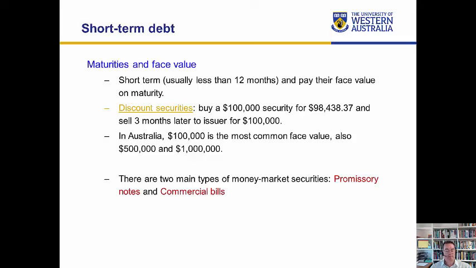Now with short-term debt there are basically two main types: promissory notes and commercial bills. I'll let you do a little bit of reading in your own time, a little bit of research to understand the differences between these two forms of money market securities or short-term debt. But just quickly, with a promissory note, those notes are issued by very high credit rated governments or companies. So with a promissory note there is no intermediary between the borrower and the lender, and that occurs because the borrower has such a good credit rating that they don't need their debt guaranteed.